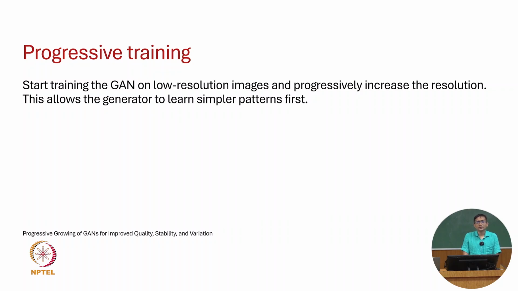So one can think of training the GAN on the low resolution images and thus capturing the comparatively less complex low resolution data, and eventually moving to higher resolution and thus progressively exposing the generator to learn more complex patterns.